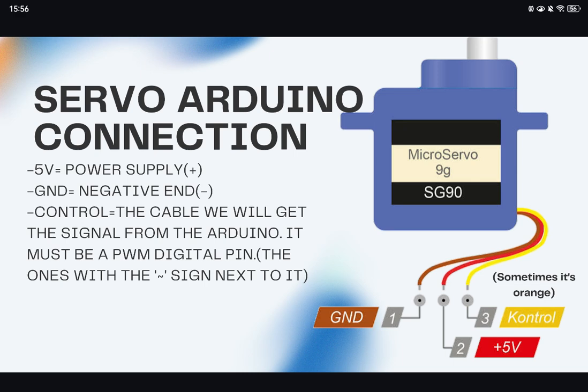This cable will carry the PWM signal we were talking about, and it must be connected to a PWM digital pin in Arduino. Its color is mostly orange or yellow, while the other two are red and something dark like brown.